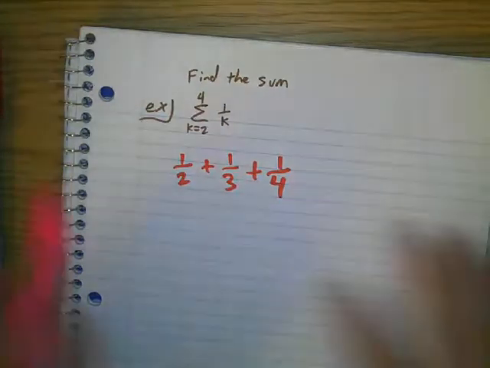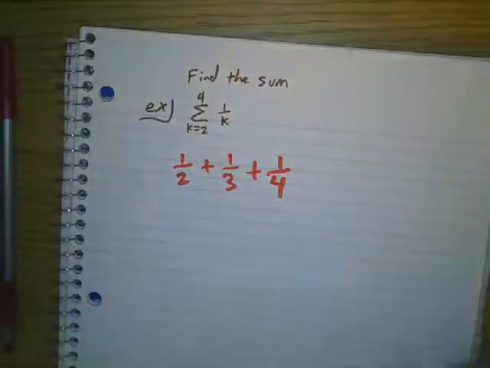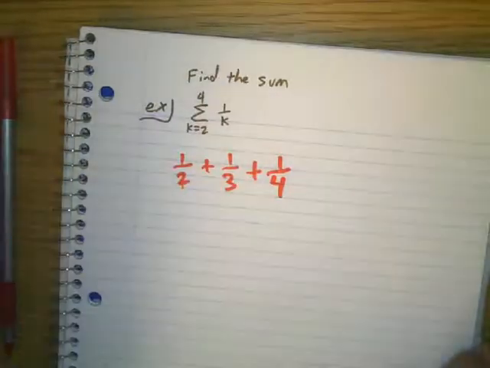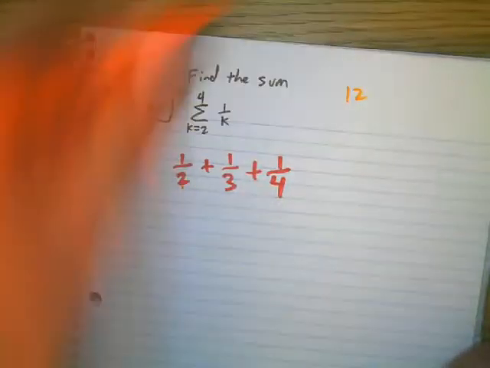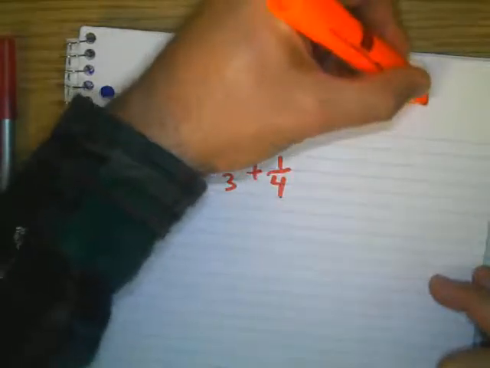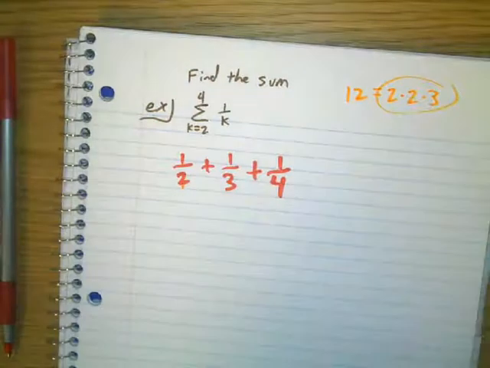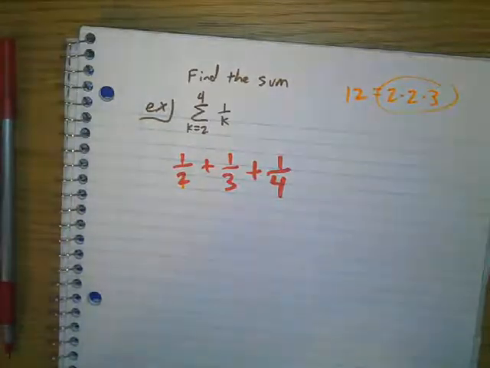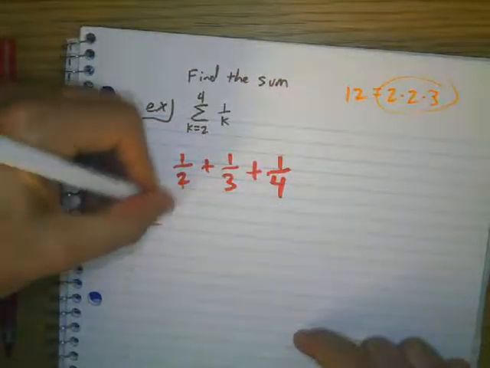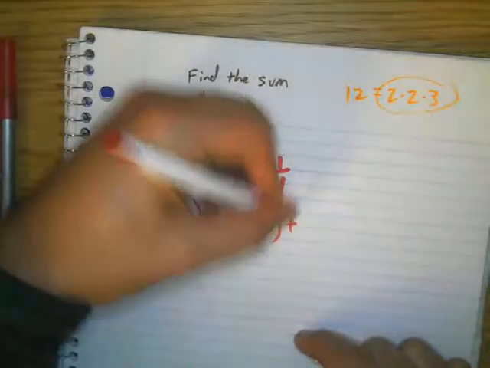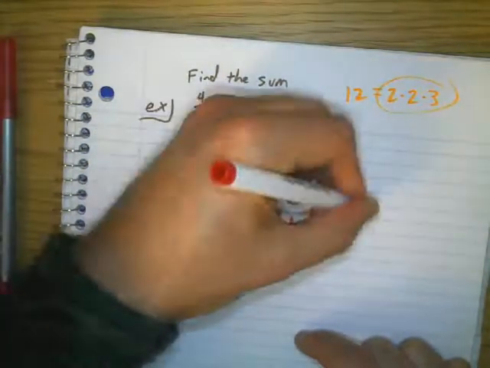Ooh, fractions. So what am I going to do? Well, the common denominator of all of this is going to be 12, right? Because 12 is equal to 2 times 2 times 3, which has all of these factors in the bottom. So to add these together, we need a common denominator, right?